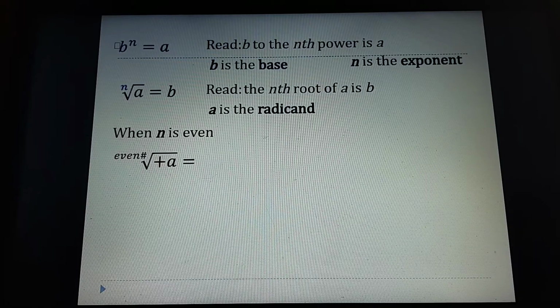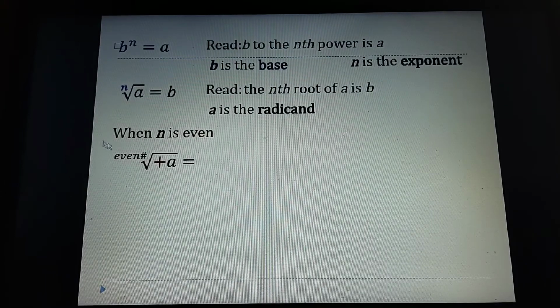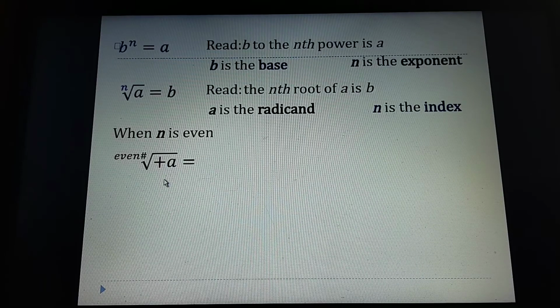Okay? Now, there are some situations when you are evaluating these. One is when your index is even, and the other is when your index is odd. So let's say you have an even index, 2, 4, 6, 8, whatever you come up with, and the radicand underneath the radical sign is positive. When that happens, you know that you're going to have two real roots as answers.